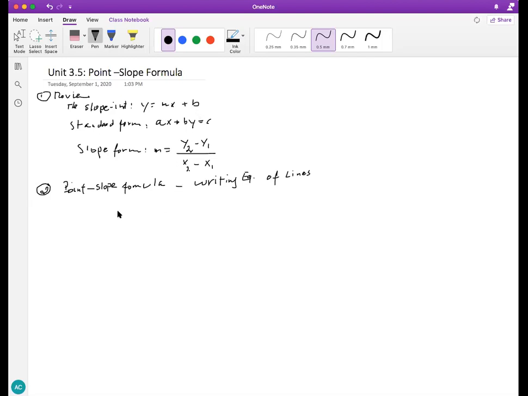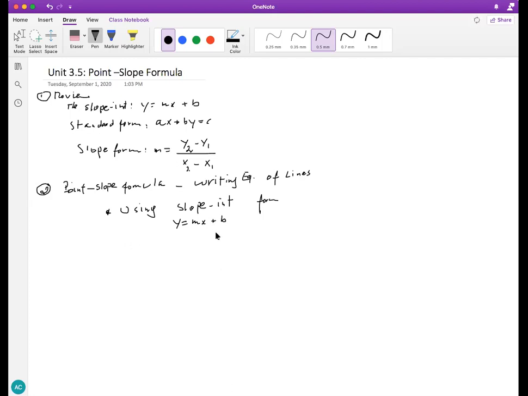As we saw last time, if we have m and if we have b, we can write our equation. So the first method here is using this form here, slope-intercept form. The formula again is this: y equals mx plus b.